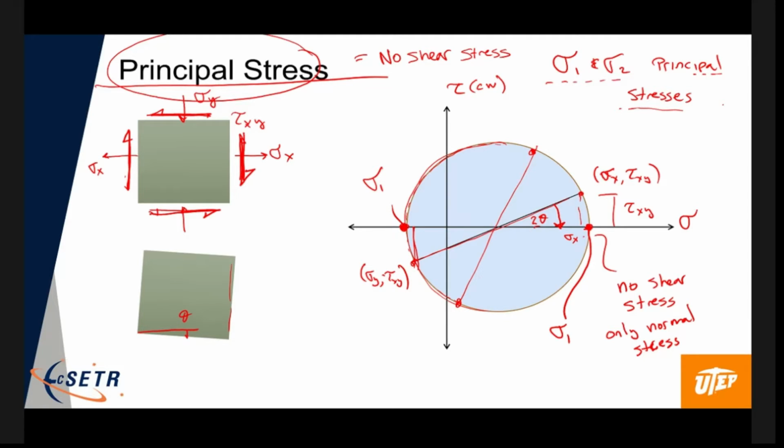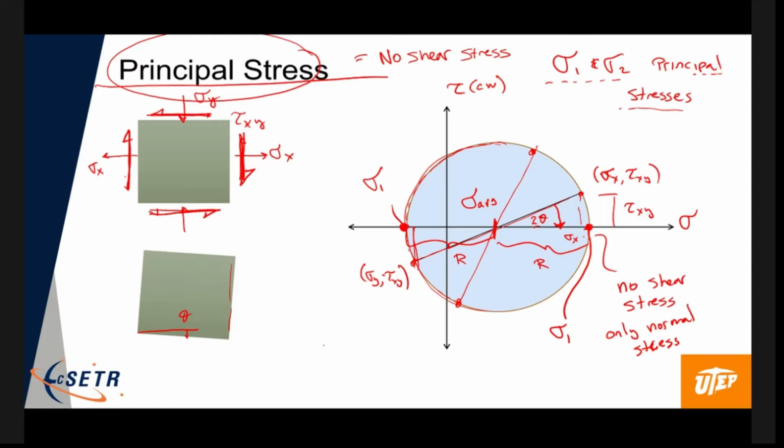And how would we get those? Well, if you look at this, we know this is sigma average, and this is a radius, and this is a radius, which we're going to calculate using Mohr circle.